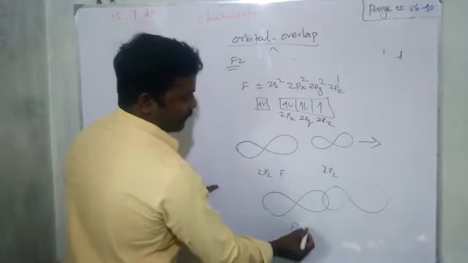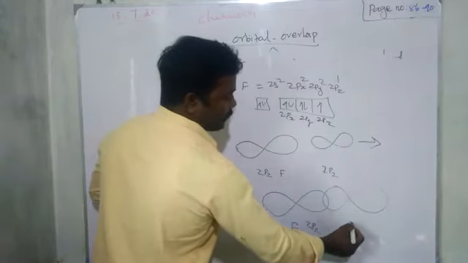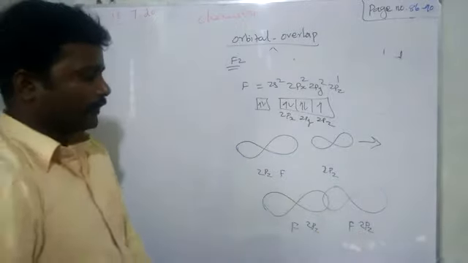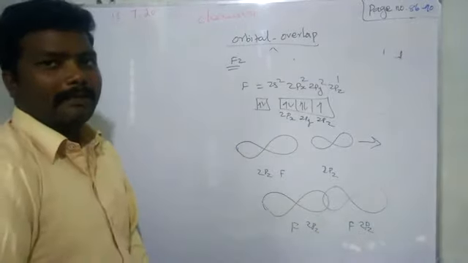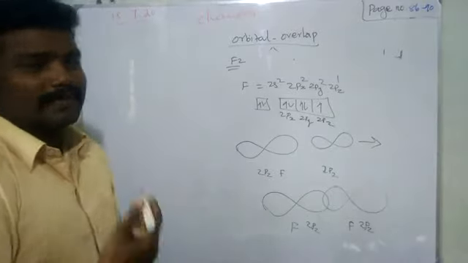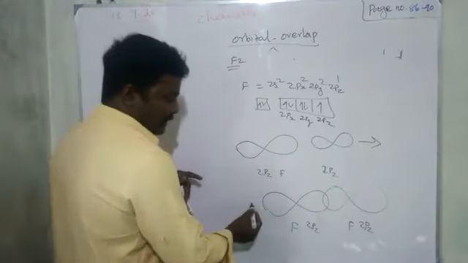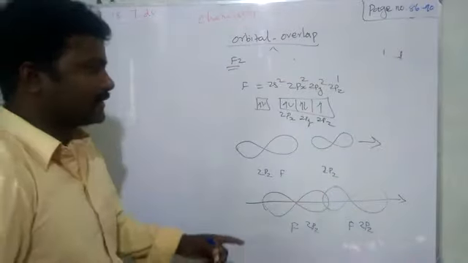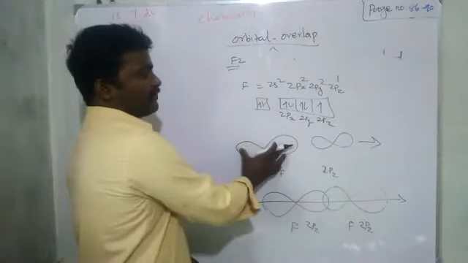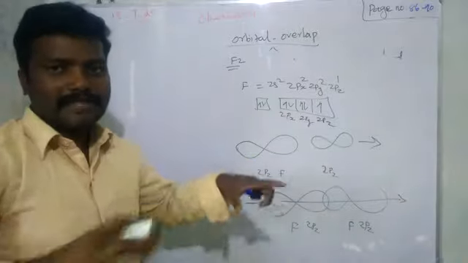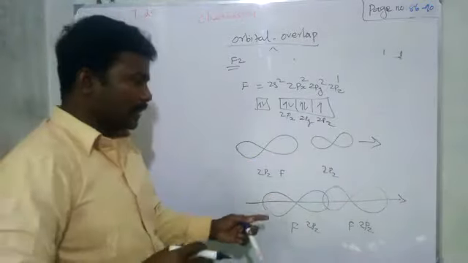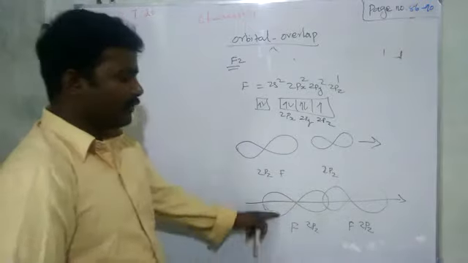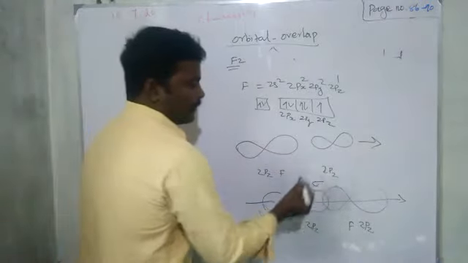First fluorine 2pz, second fluorine 2pz. Will it produce sigma bond or pi bond? Definitely it will form sigma bond, because this overlaps in the molecular axis, the same axis. If you take the first fluorine and second fluorine, they are present on the same axis. That axis is called the molecular axis. The overlap takes place in the molecular axis, so it will form sigma bond, right?